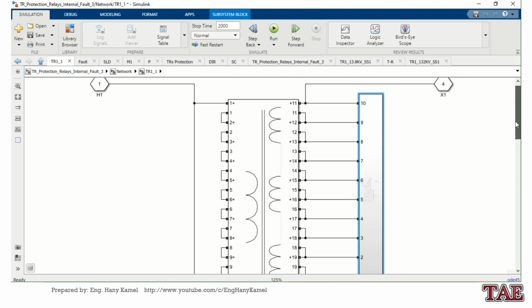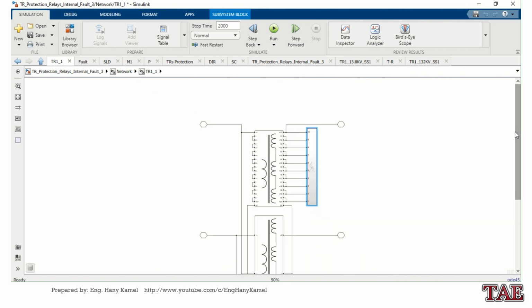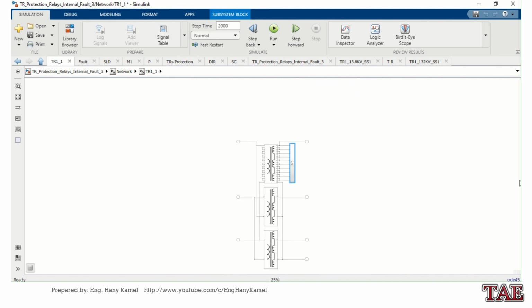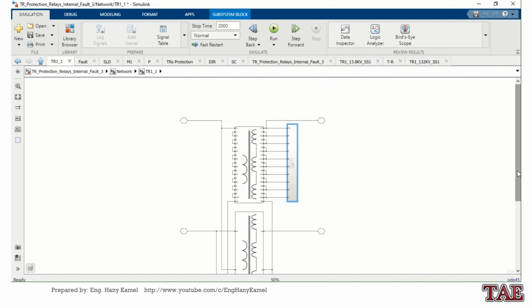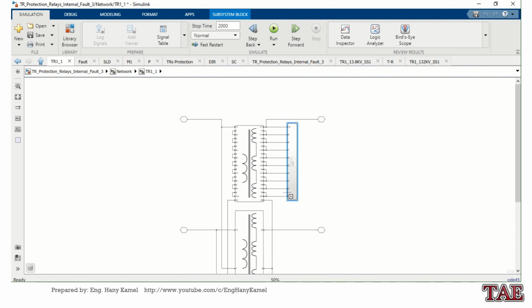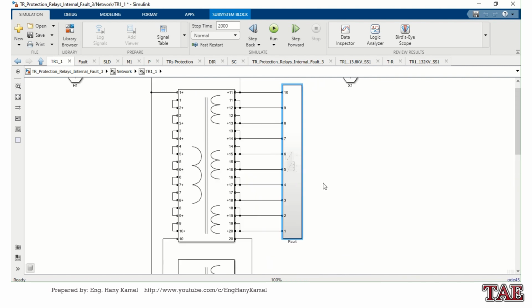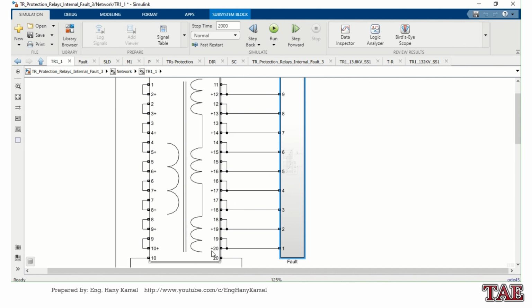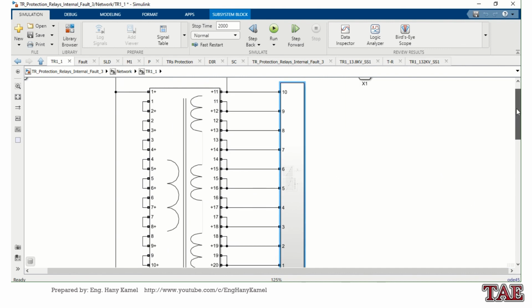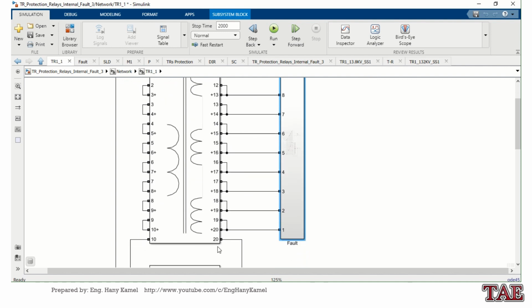To make an internal fault, we have our three windings. I select the R phase and divide it into 10 sections. Each section represents 10% of the phase winding in the low voltage side and high voltage side.